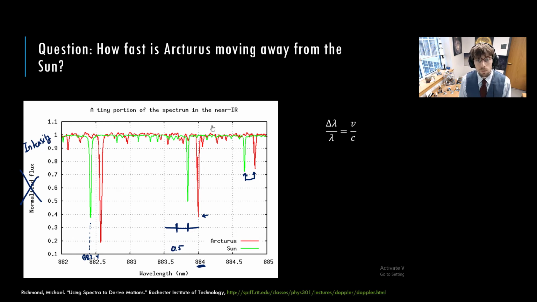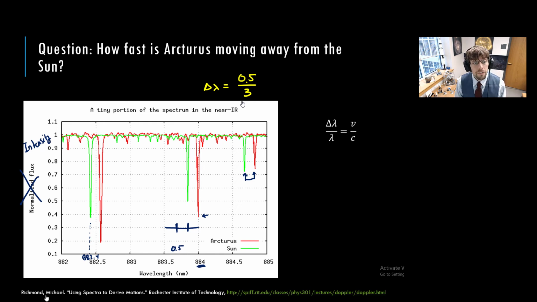So really what I need is the shift. I'm going to estimate the shift in lambda as being something like 0.5 divided by 3. For me, I had something like 0.17 nanometers. Well, at this point, we're off and running like a bale of turtles.